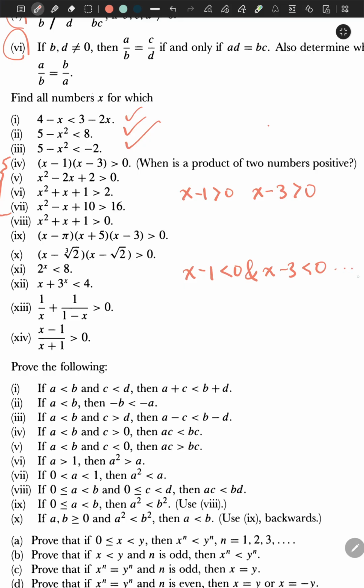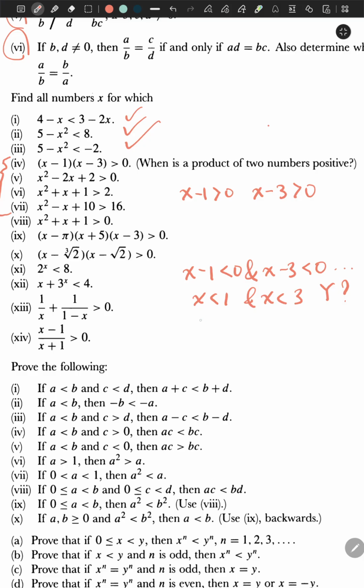This is left to be proved, because we can ask ourselves why. We'll get to that later. But let's just assume that this is true. Then if x − 1 < 0, that means x < 1 and x < 3.